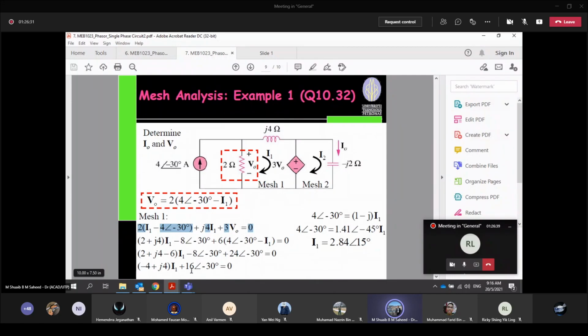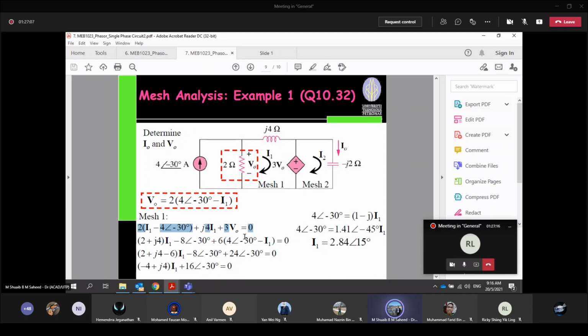Do the adjustment accordingly and then you will get your final answer. I1 is 2.84 at 15 degrees. So you have to change this from rectangular to polar form. Yes, it has to be in polar form. And then you do the calculation. Of course, this is when you do it by hand one by one. If you use your calculator, it can directly compute.